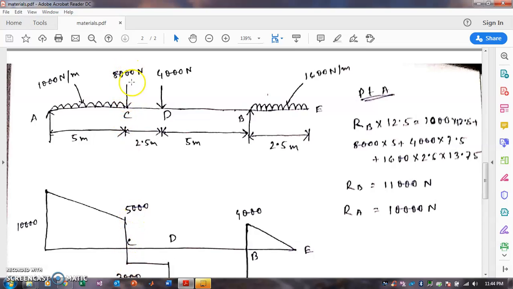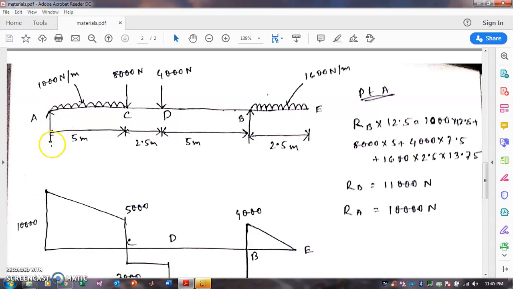Then again there is a point load 8000, so it becomes minus 3000 plus 8000, that is plus 5000. And at RA, as we know, it is 10,000, that is 10 kilonewton.